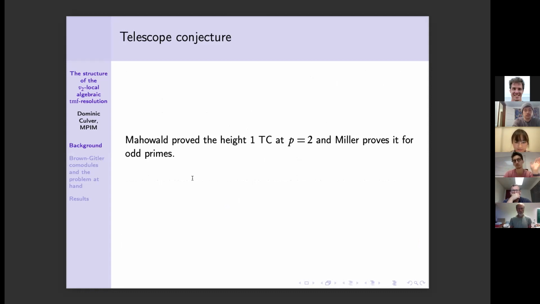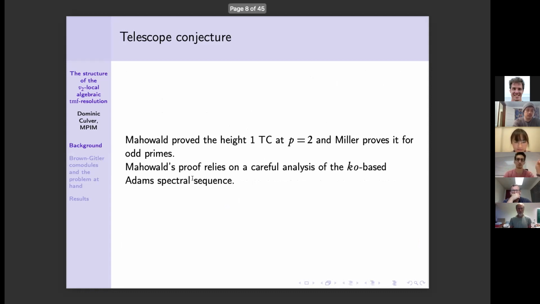So the point of departure for today's talk is going to be Mahowald's proof. So I don't want to go into all the details of what Mahowald did or didn't do, but basically the way he resolved the conjecture was he studied the Adams-type spectral sequence based on connective real K-theory.